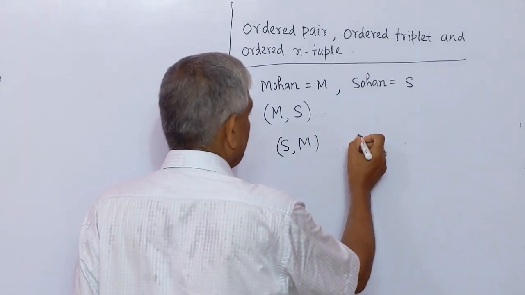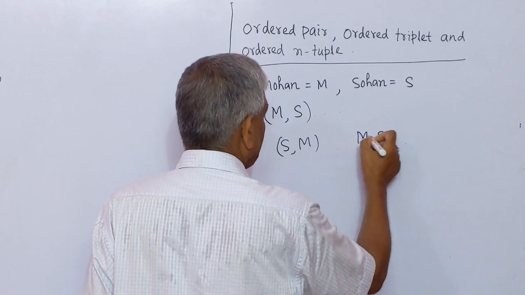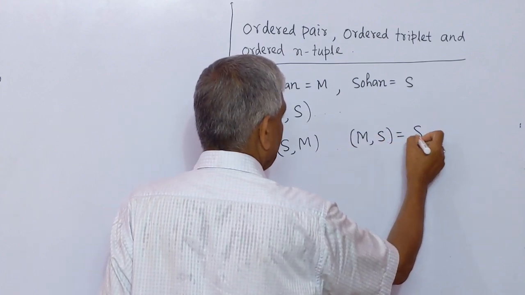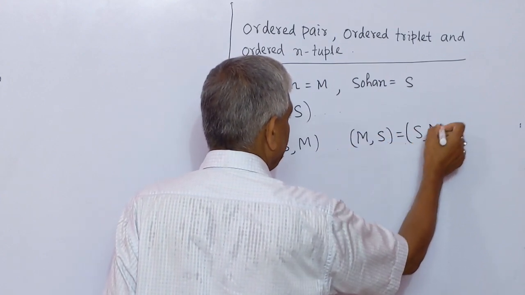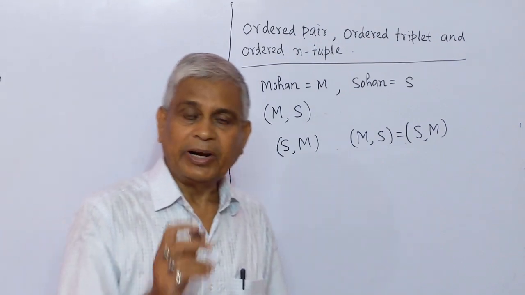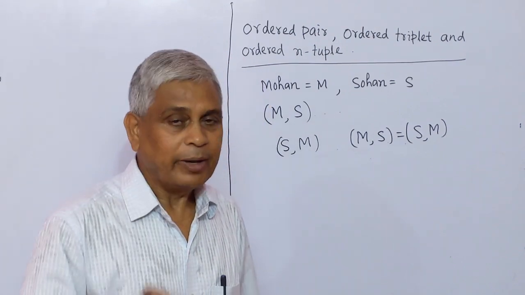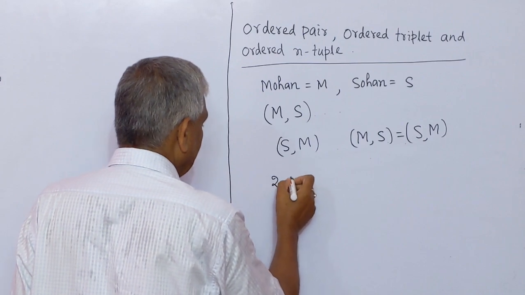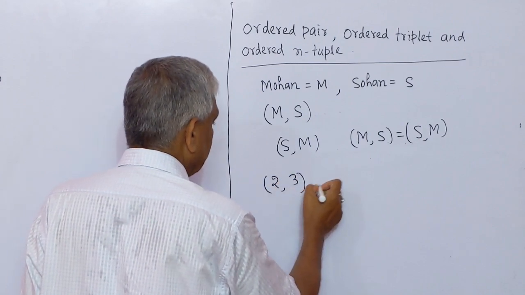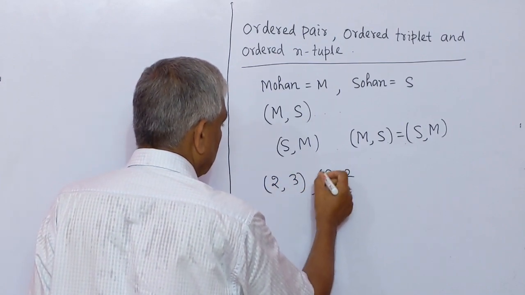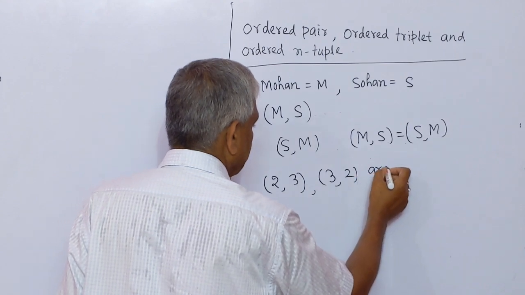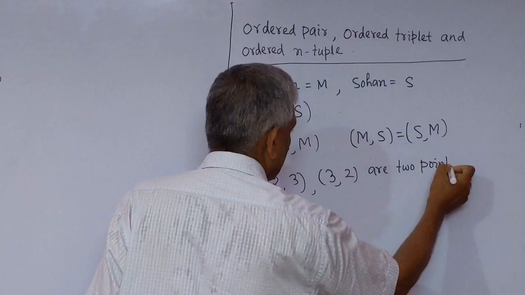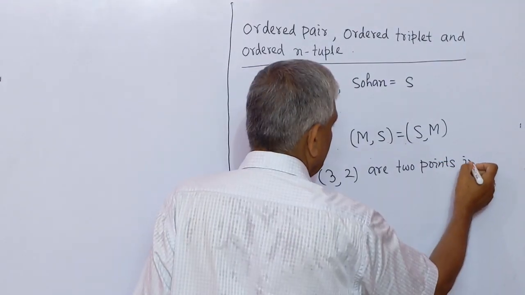Here MS and SM are the same, but if I talk about 2 3 and 3 2, these are 2 points in a plane.